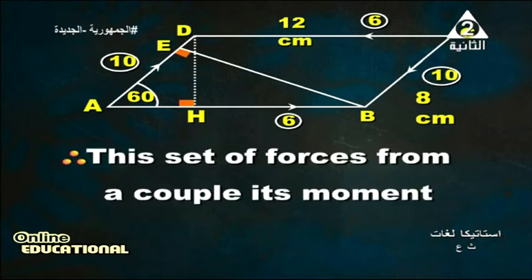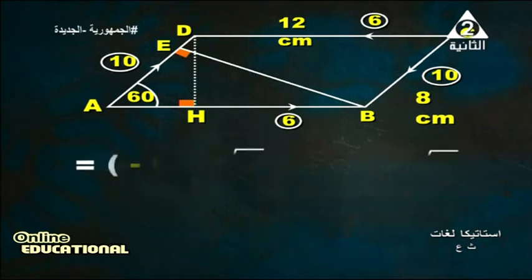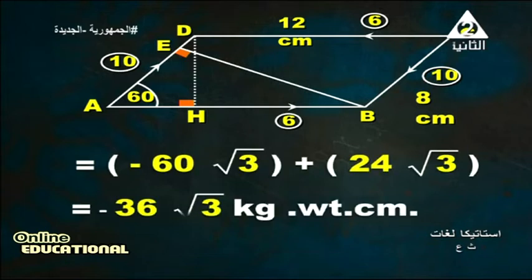Therefore, the set of forces forms a couple whose moment is M1 plus M2. If we add M1 plus M2, we get negative 36 root 3 kilogram weight centimeter. Then we deduce that the moment of the couple equals M1 plus M2.